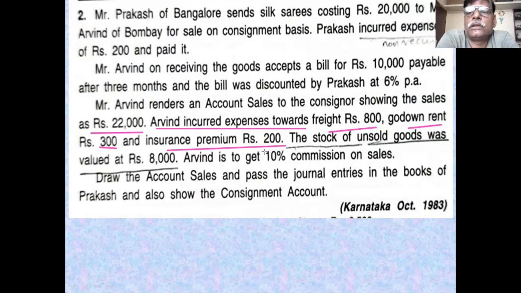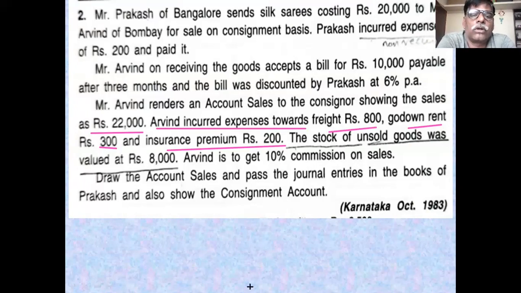These three expenses are incurred by the consignee. These three items come under the debit side of the consignment account. Okay.